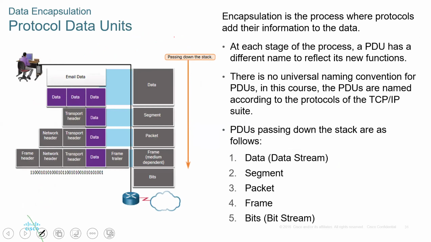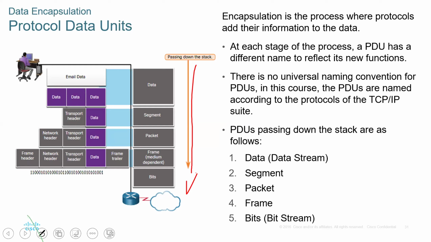Now, we said this earlier, that encapsulation is the process where protocols add their information to the data. At each stage of the process, the PDU, which means protocol data unit, has a different name and reflects a new function. This means that in each layer, as the message goes from the application layer down to the physical layer, the PDU has a different name.